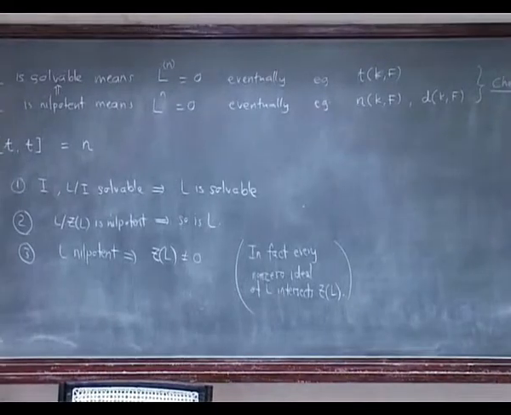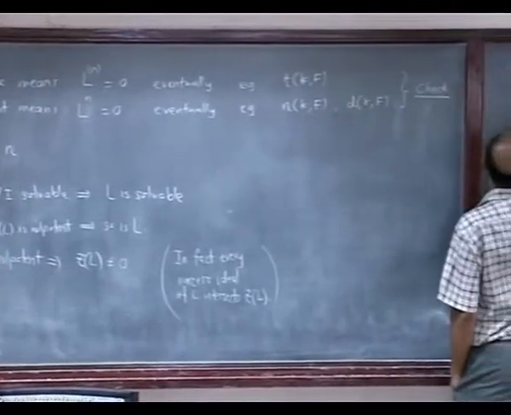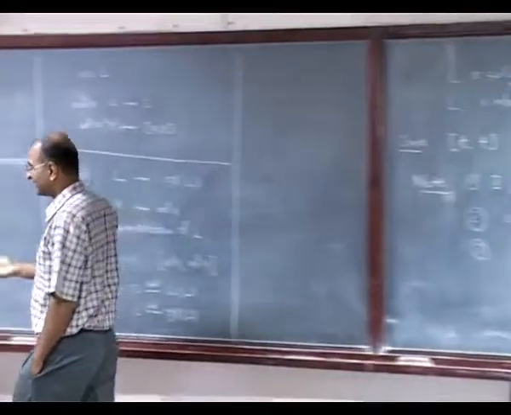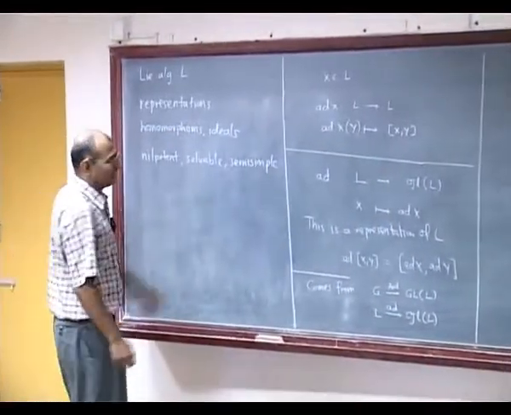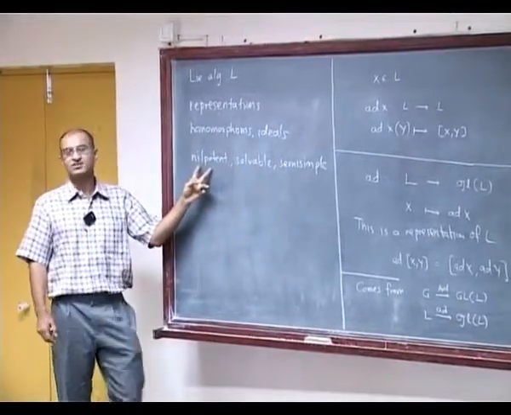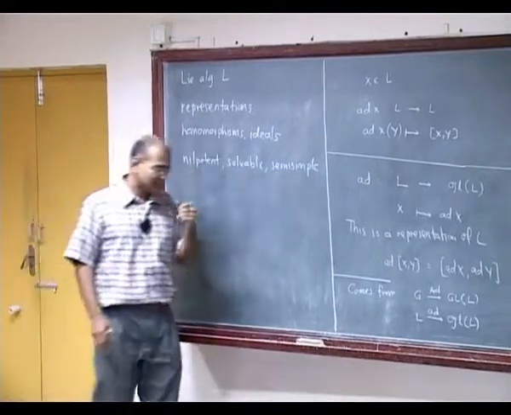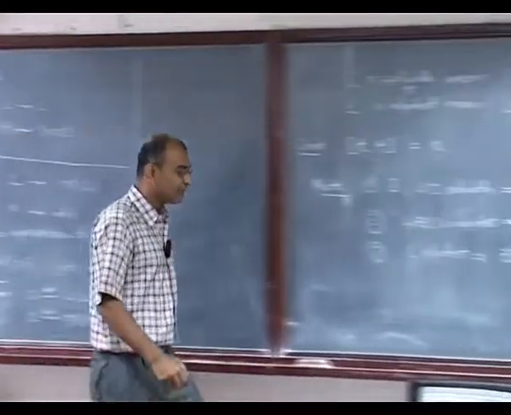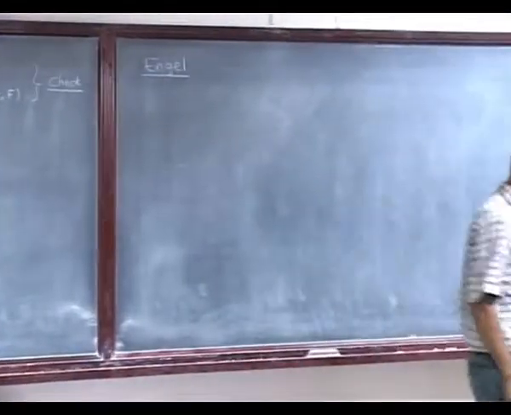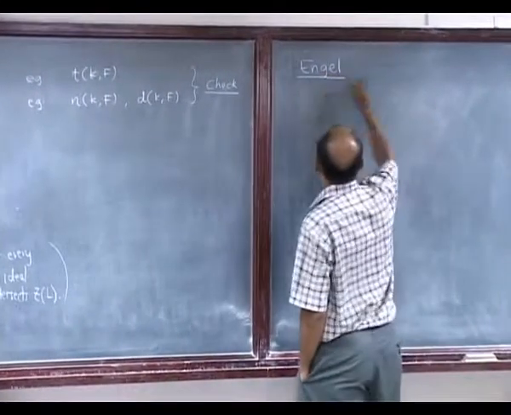For this we will need Engel's theorem. Engel's theorem connects two meanings of the word nilpotent. A nilpotent endomorphism of a vector space is something some power of which vanishes, right? So what it says is that if a Lie algebra acts by nilpotent endomorphisms on a vector space, then you can essentially make it nilpotent, but we will do something much better.